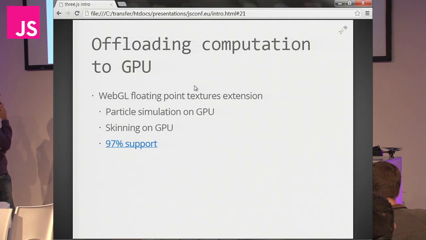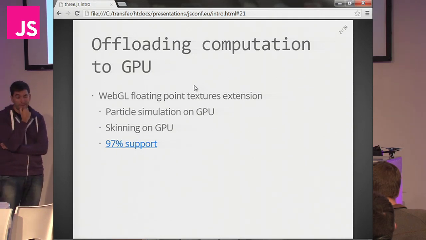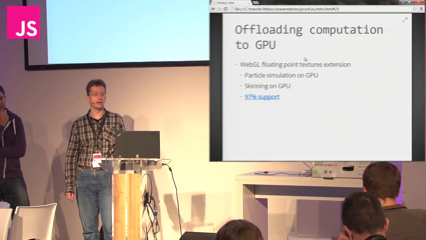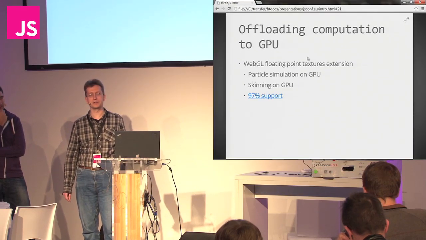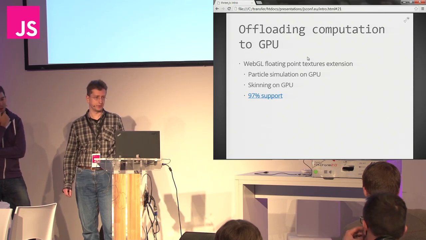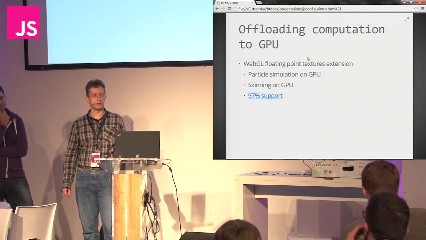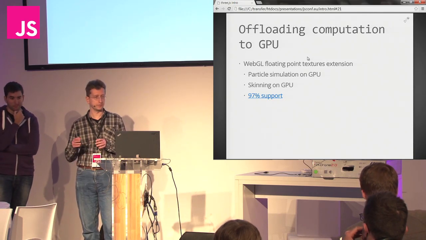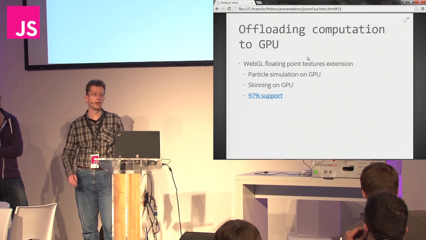Now, it's important not only to have images that look nice, but we also want to run as fast as possible. And since WebGL is running directly on the graphics card, we are able to take advantage of hardware acceleration, not just for the computation of the shading, but also we can try to offload the computation of simulations to the graphics card.